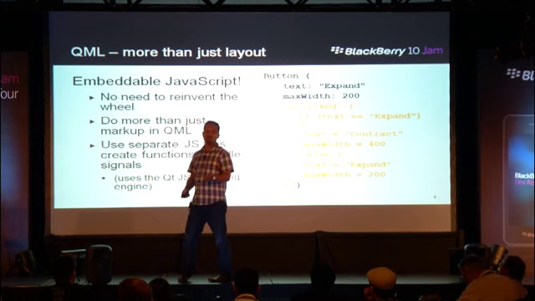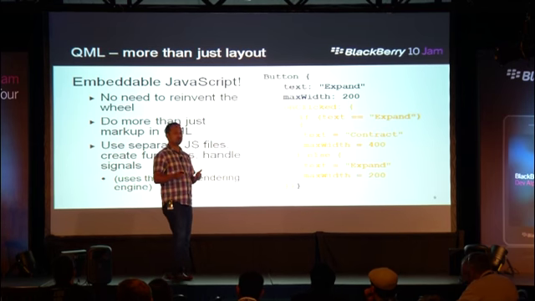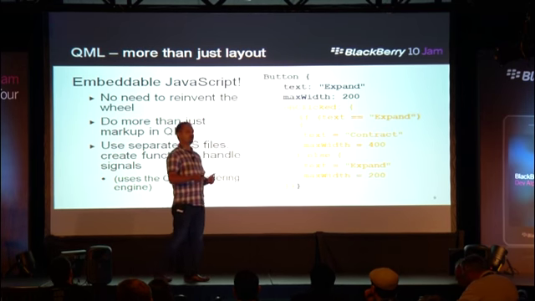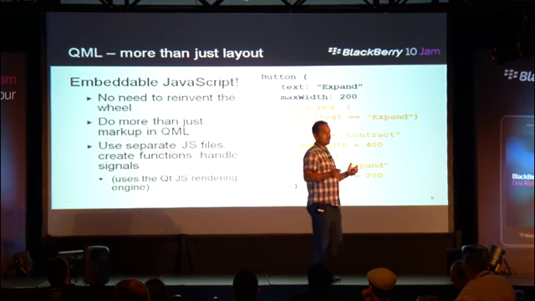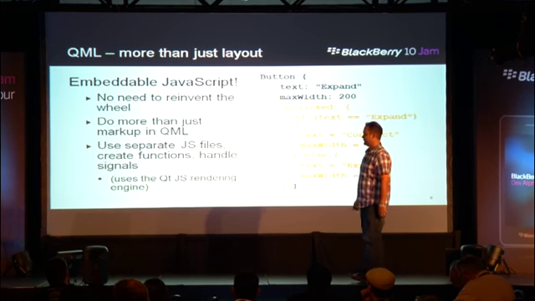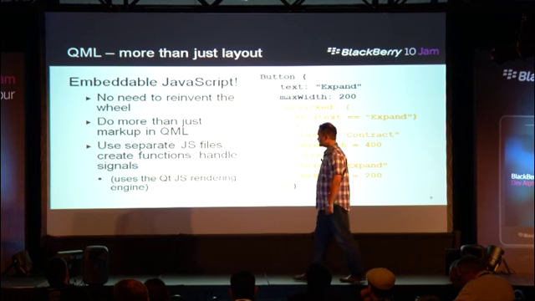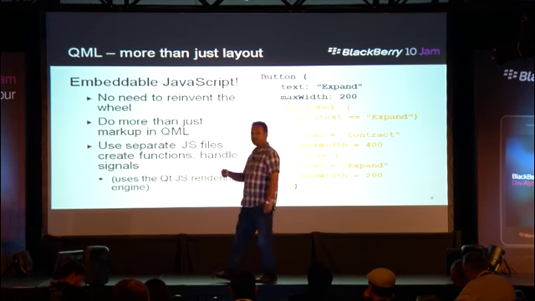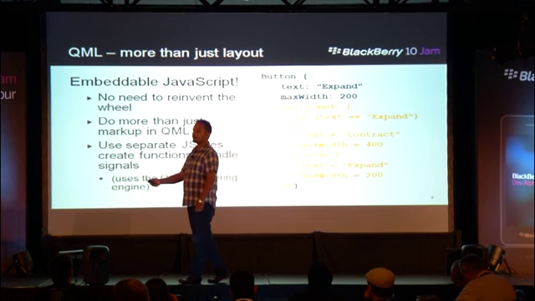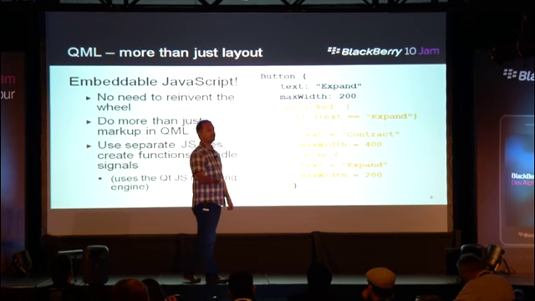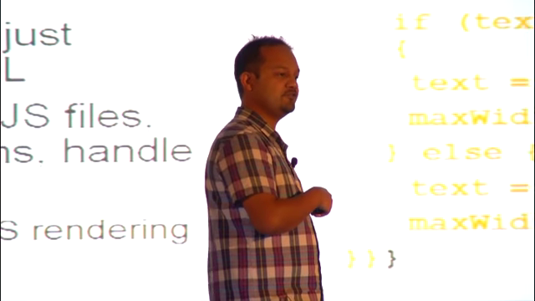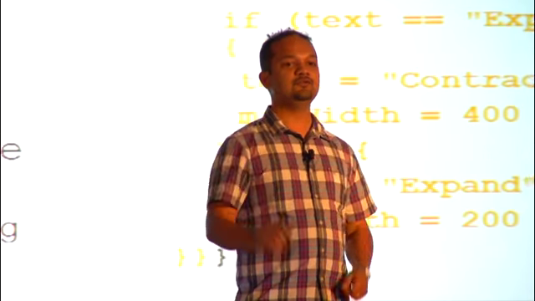But like I said, it's not really recommended to implement complicated application logic in QML. It's going to make your QML very messy and very deeply coupled with the application logic. You can also use a separate JS file where all your JavaScript APIs or functions can reside, and then you can call the JavaScript functions from the QML file to the JS file.